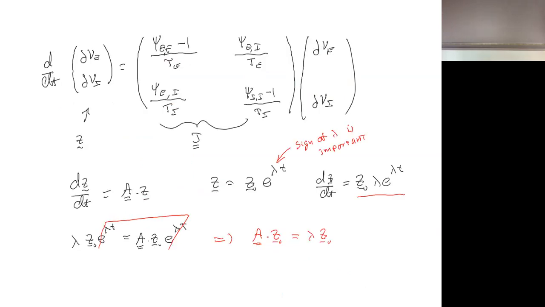So if we go back to our matrix, the trace is the sum of these diagonal elements, and the determinant is that times that, minus that times that. I'm going to write that down.